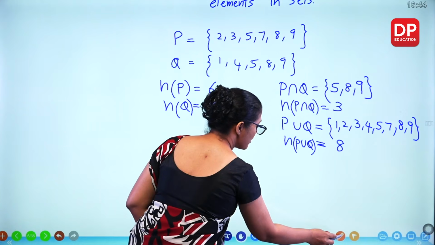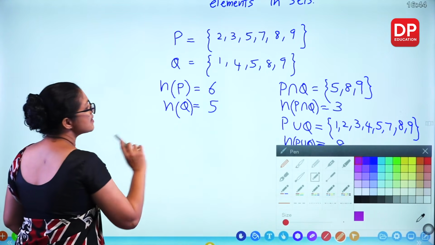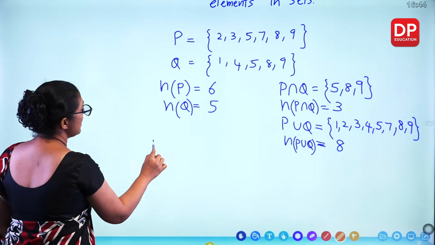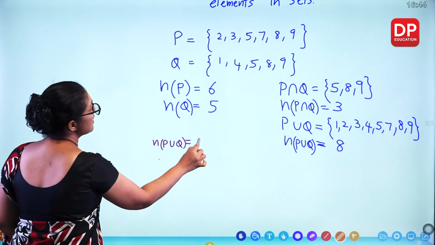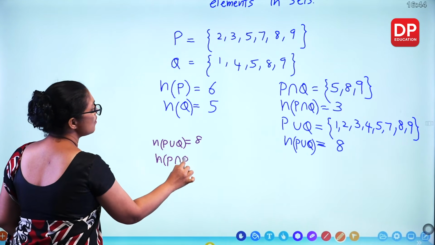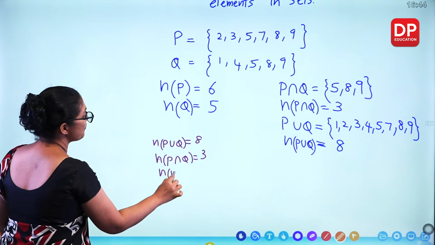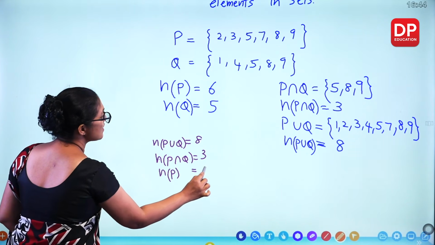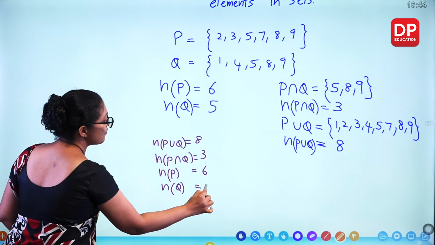The relationship between, I'll write down all these here. n of P union Q is 8. n of P intersection Q is 3. n of P is 6. n of Q is 5.